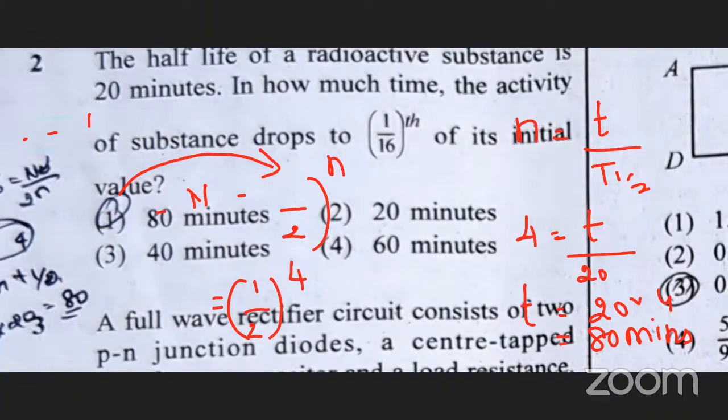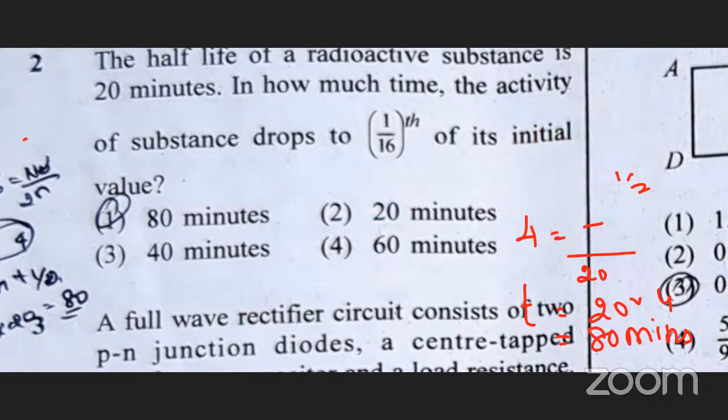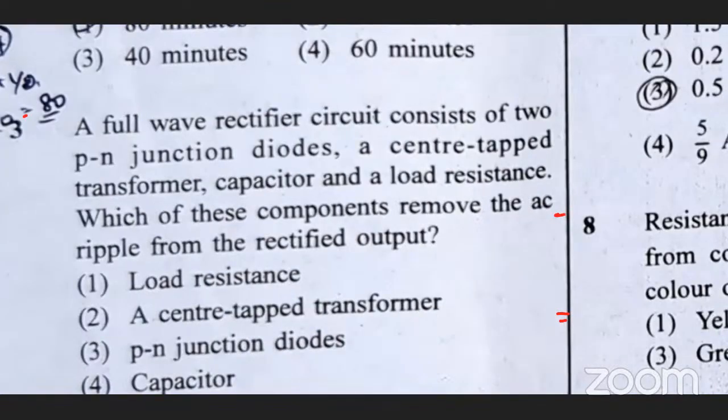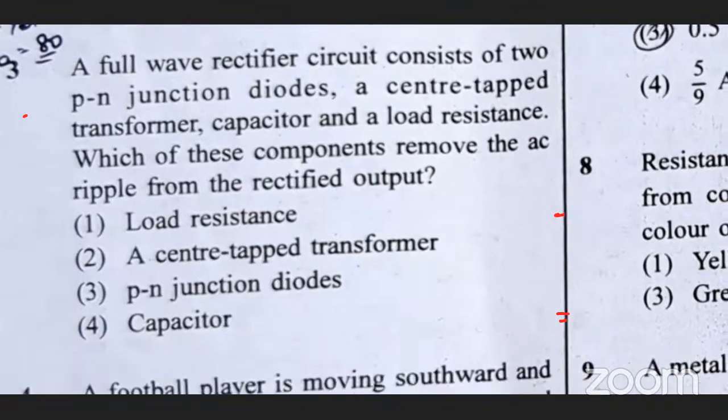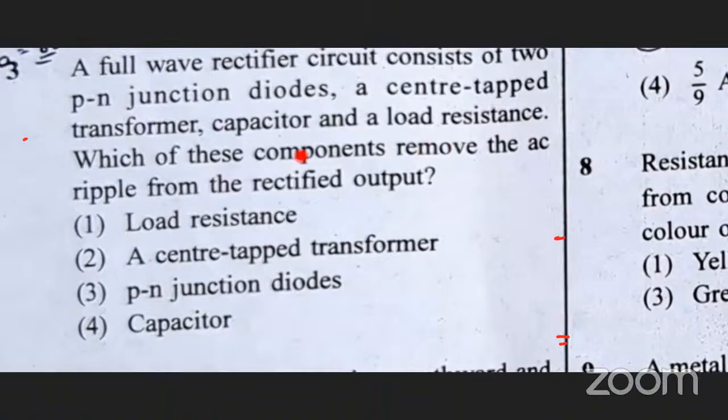All these questions are direct questions. If you know the formulas, you can substitute the given data in the question and get the answers directly. Then there is a simple question. The third question is very simple. A full wave rectifier consists of a PN junction diode, a center tap transformer, a capacitor, and a load resistance.